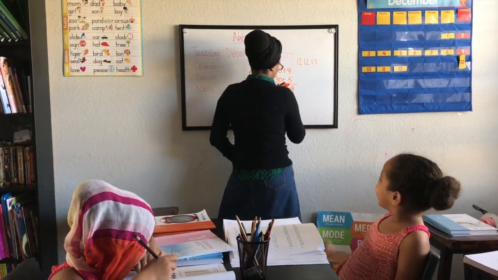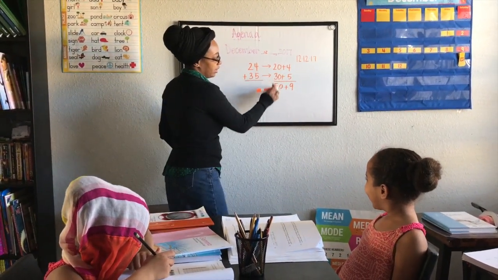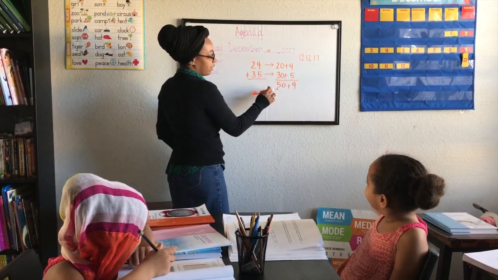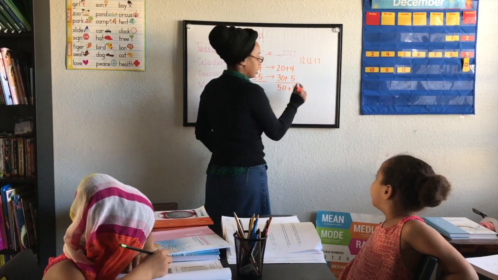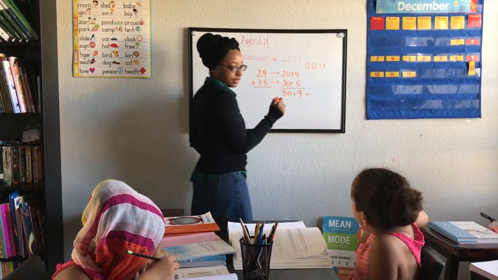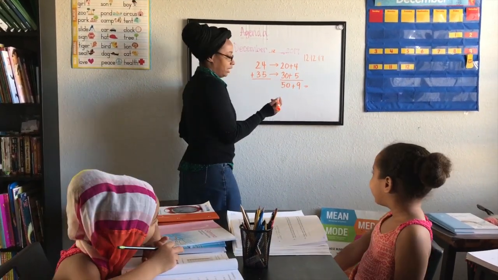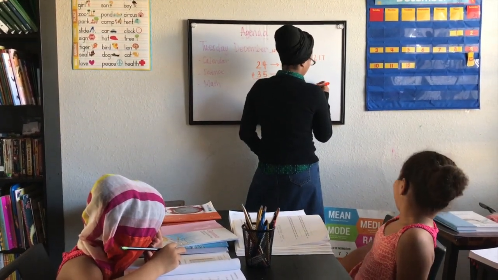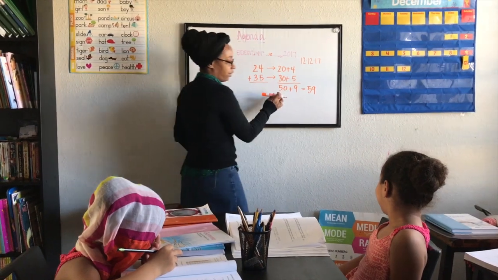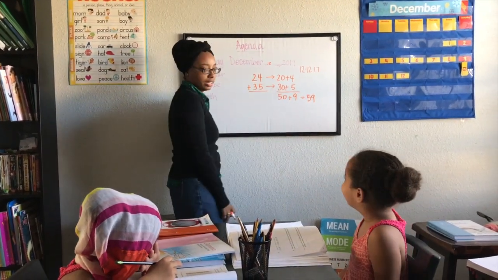Okay. So we did 20 plus 4, 30 plus 5, and we got 50 plus 9. So what is 50 plus 9? What number is that? 59. So 50 plus 9 is 59.